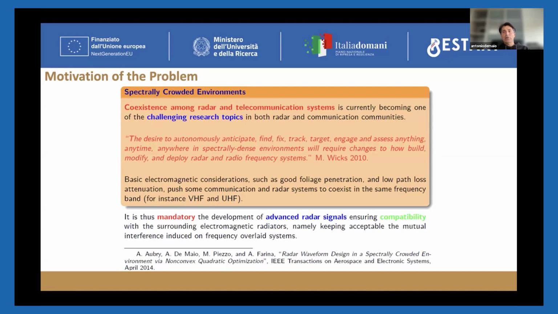And in this context, it is mandatory the design of advanced radar signals, ensuring compatibility with surrounding electromagnetic radiators. I mean, they should be able to keep acceptable the interference induced on frequency overlaid systems.